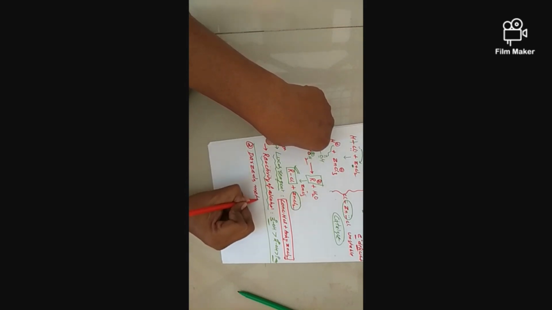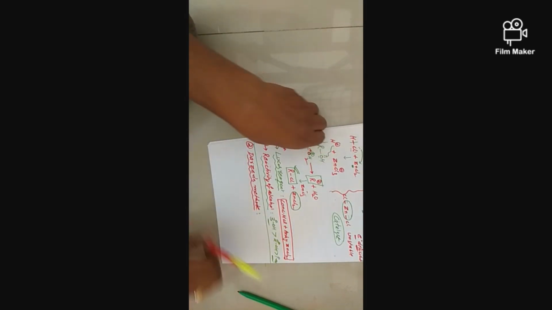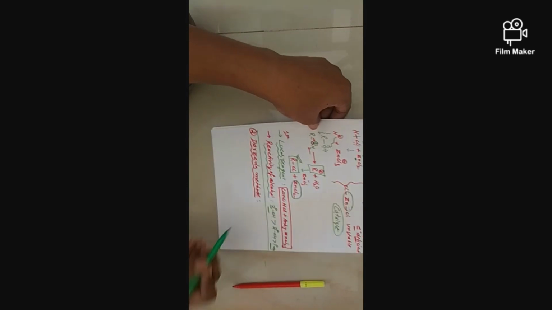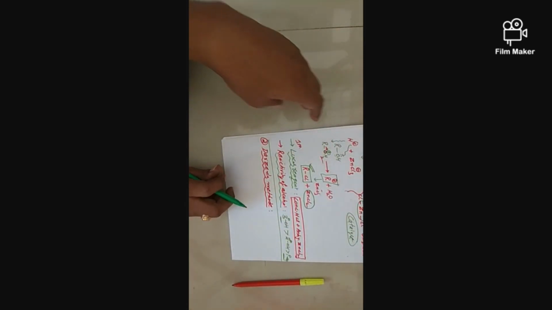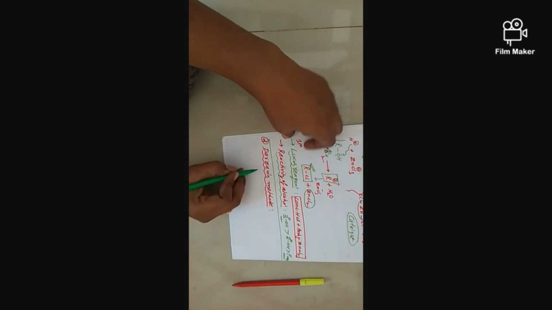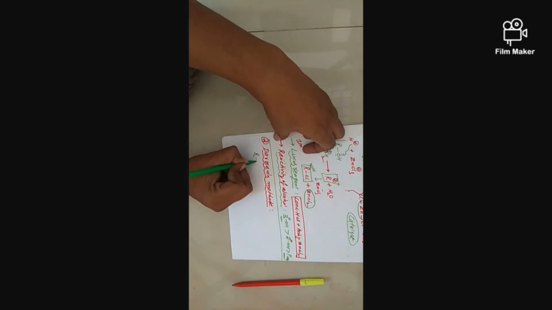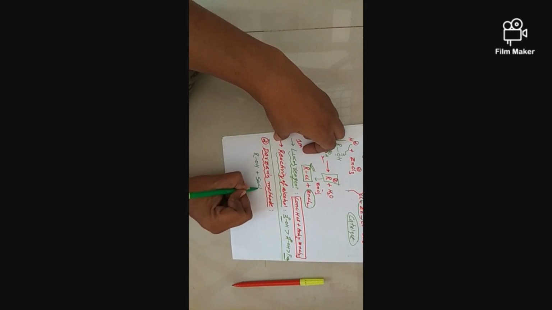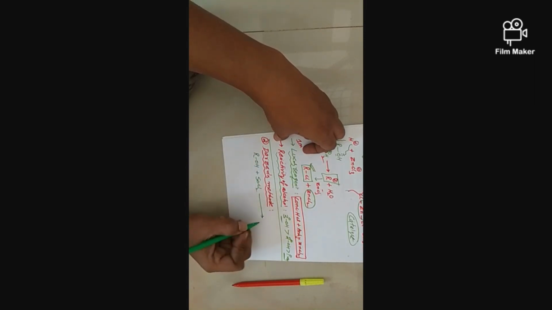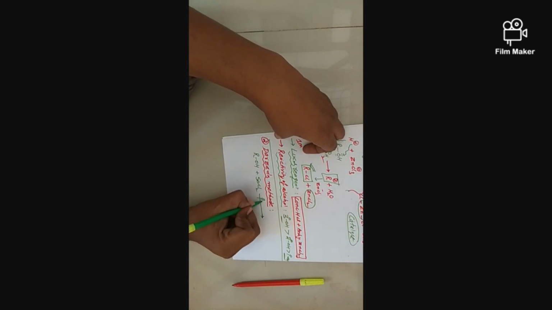D'Orgen's method, or D'Orgen's process. In this method, first we take the general reaction: alcohol reacts with SOCl2 in the presence of pyridine.